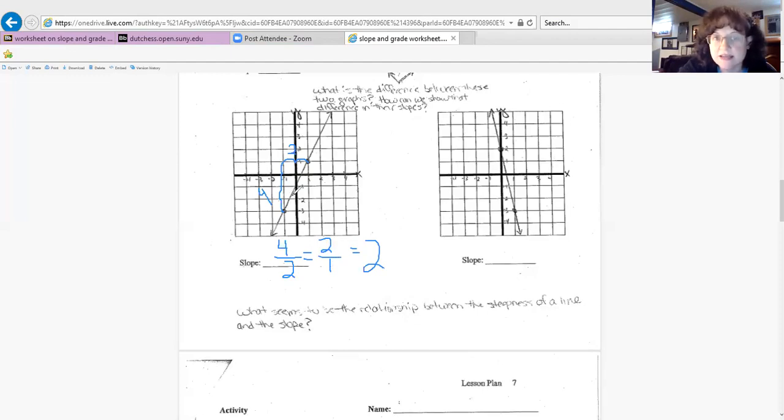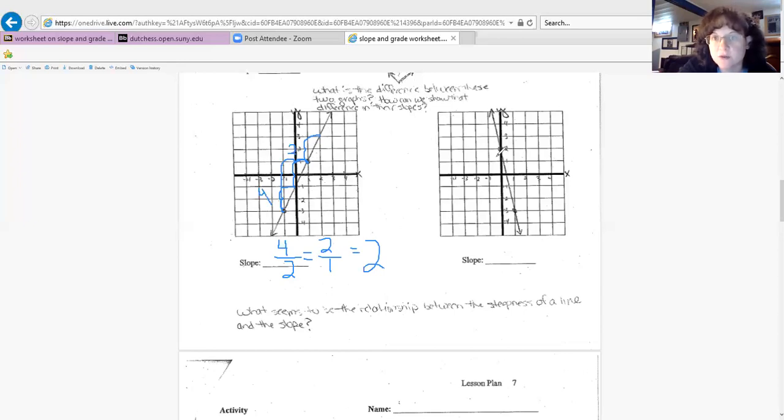So let's see if that's the same movement. I should be able to go up 2 and to the right 1. Look at that. I did still hit the line. Up 2 to the right 1. I still hit the line. Up 2 to the right 1. I still hit the line. So this is your constant change, okay? This is what's happening as you go up the graph.